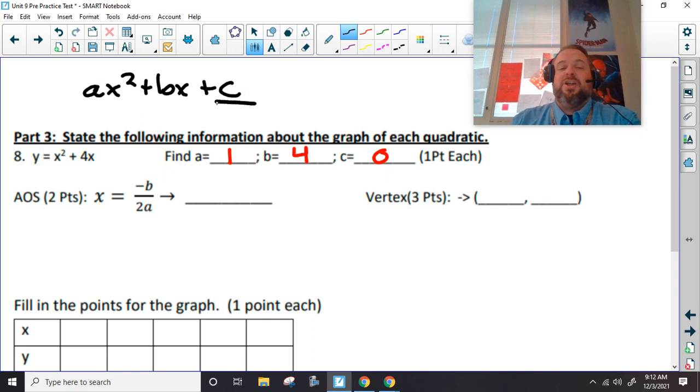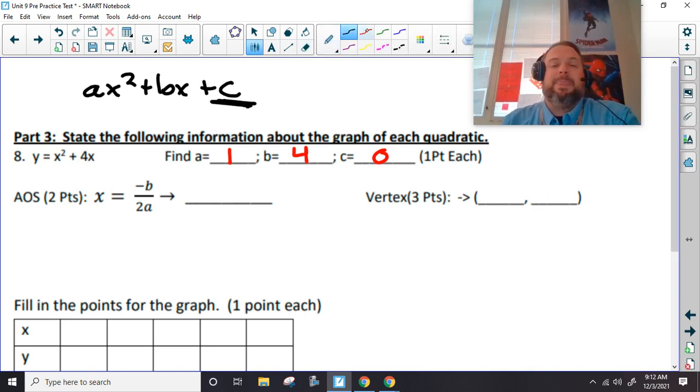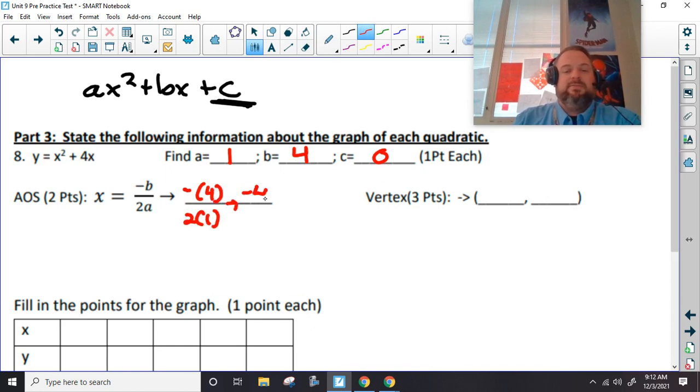If there's not anything here, it's 0. If it was going to be 1, it would look like this. It would be a 1 right there, but there's not a 1 right there. So if we plug this in, this is negative times 4, 2 times 1. This gives us negative 4 over 2, which gives us negative 2. You get 2 points for that.